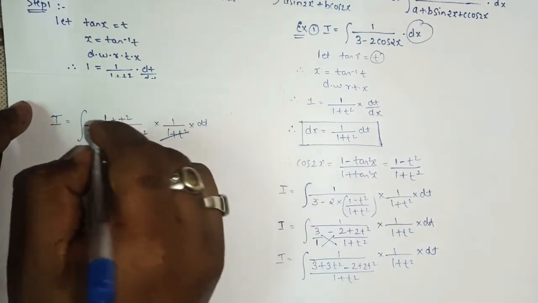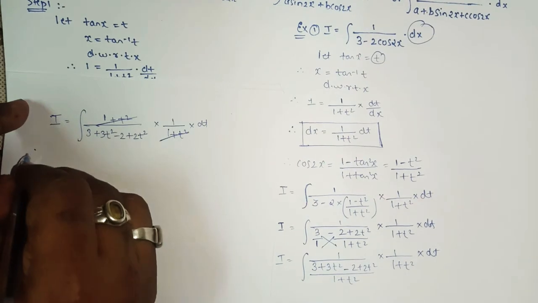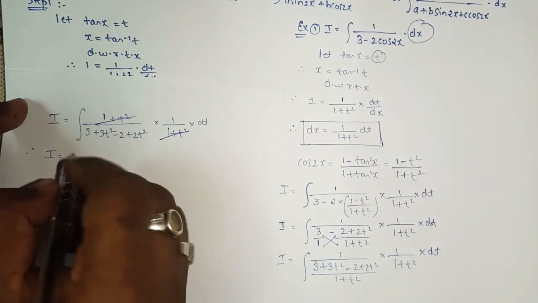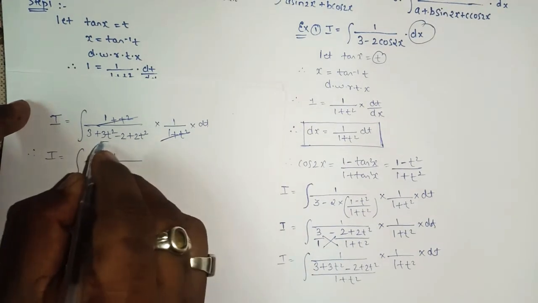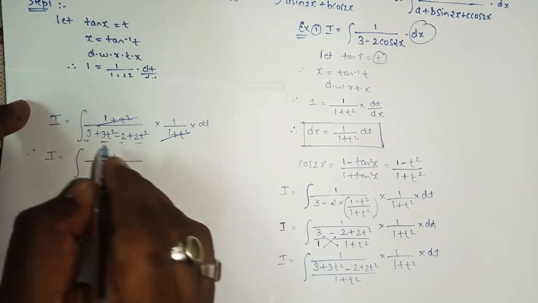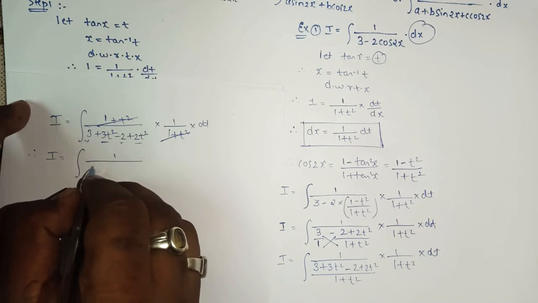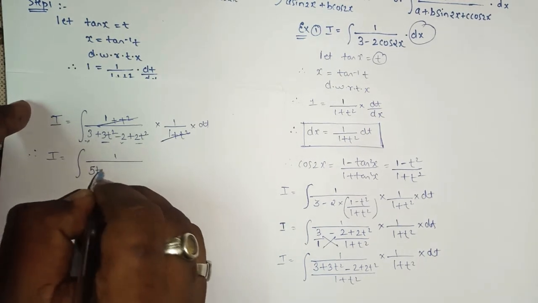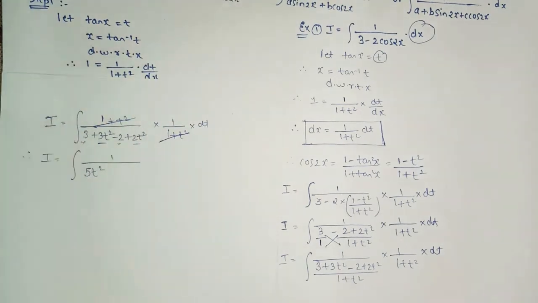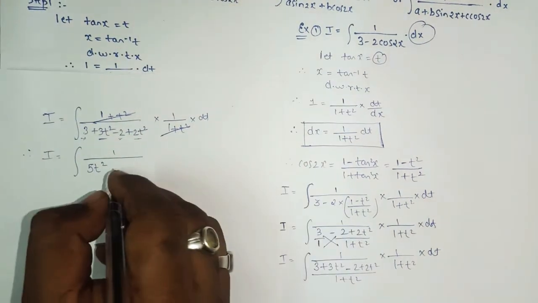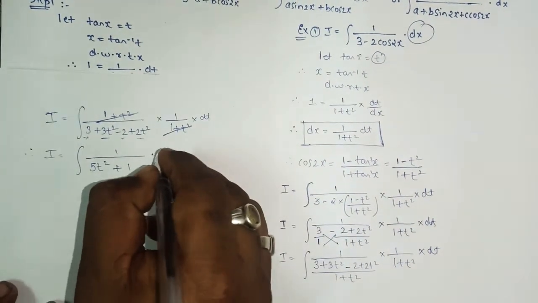As we can clearly see, here we got the common term, so we are left with 1 upon, as here we have like terms. Yes or no? 3t square plus 2t square will be 5t square, and 3 minus 2 will be what? 1, into dt.